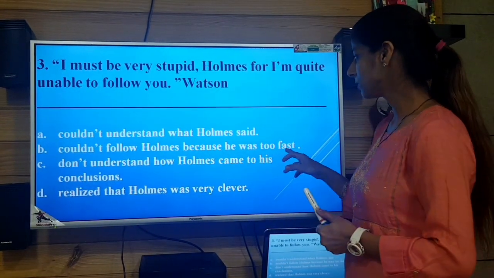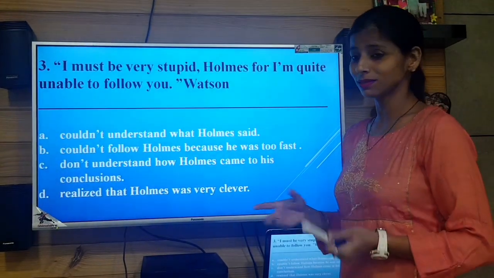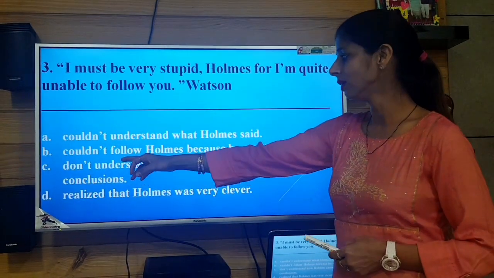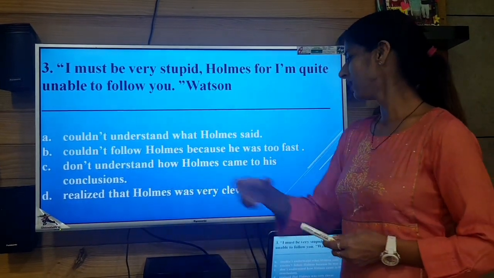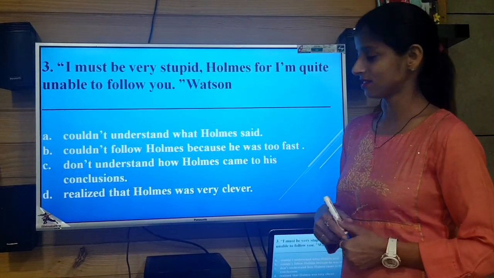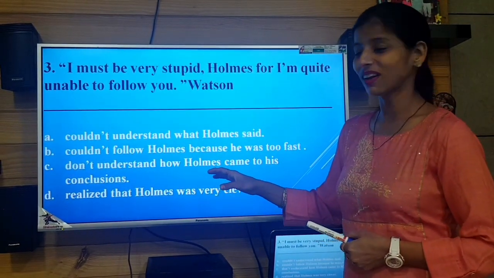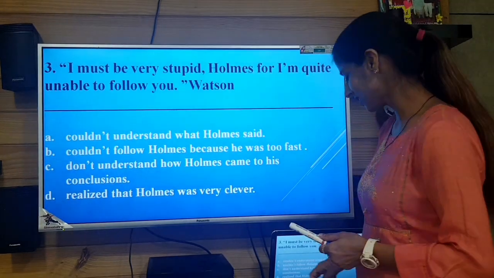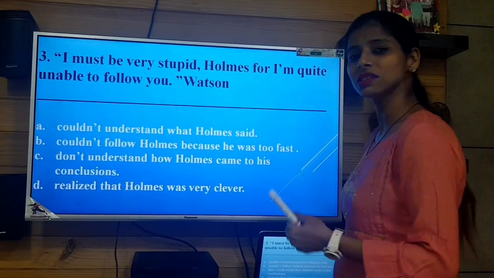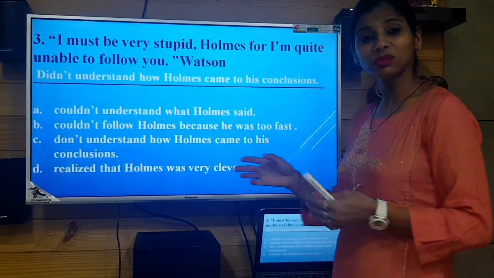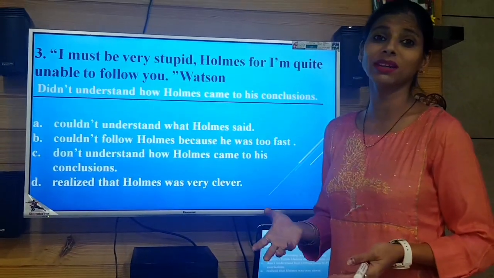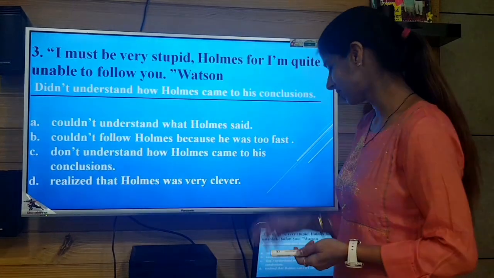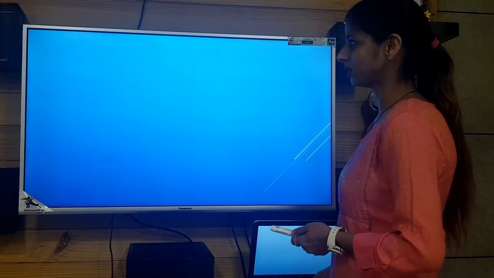Couldn't follow Holmes because he was too fast, that even doesn't go well. Don't understand how Holmes came to his conclusions. Is it seeming right? Yes, it is seeming right, because he was quite confused how, with such a tattered object like a hat, he would make his deductions, isn't it? So this is the right option here.